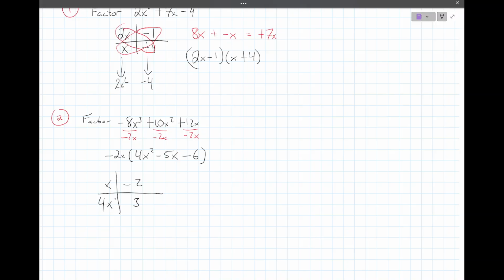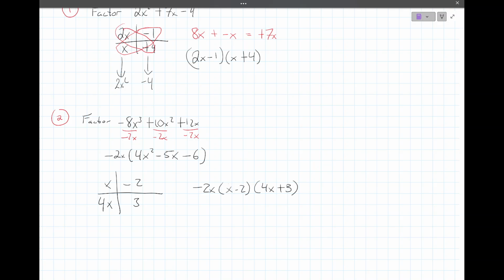This will be positive 3, and that'd be negative 8. So negative 8 plus positive 3 is negative 5. Everything works out. So I'm going to get x minus 2 and 4x plus 3, and I'm going to have the negative 2x in front of it.